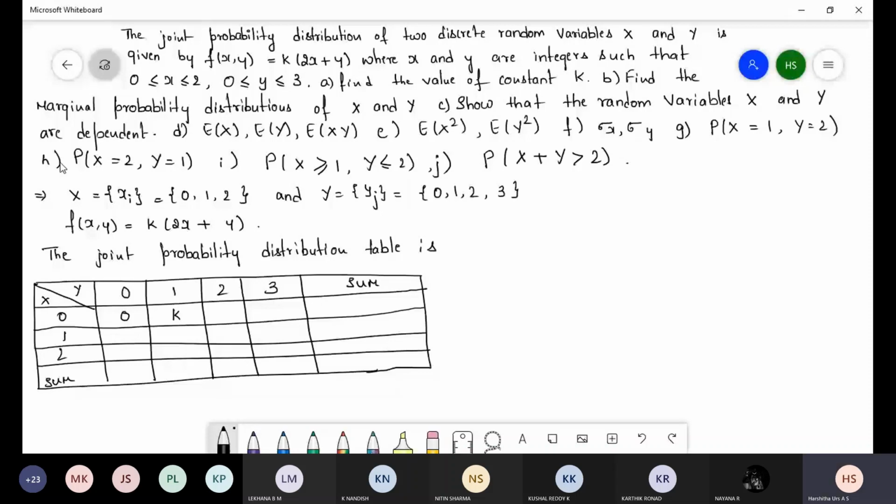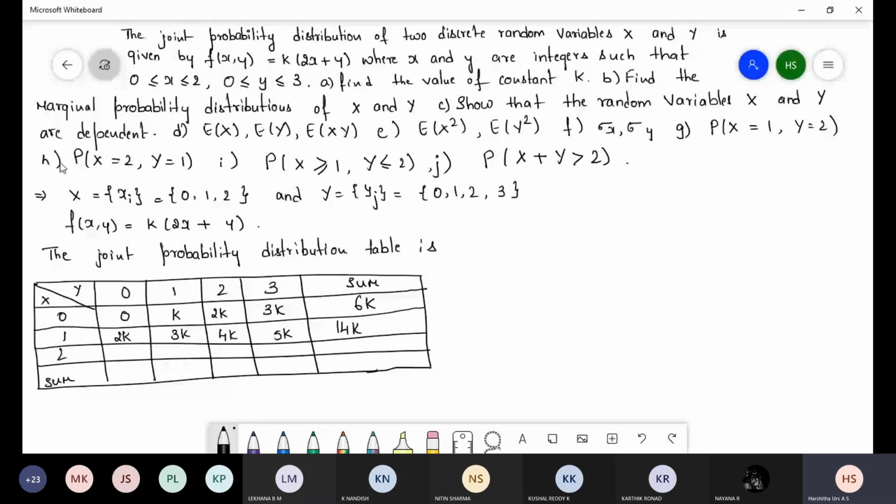Like that, x is equal to 1, y is equal to 0: here it comes 2k. X is equal to 1, y is equal to 1: 3k. Again 4k, 5k. So overall we get 14k. Next, x is equal to 2: 2 into 2, 4. 4 plus y is 0, so 4k, 5k, 6k, 7k.